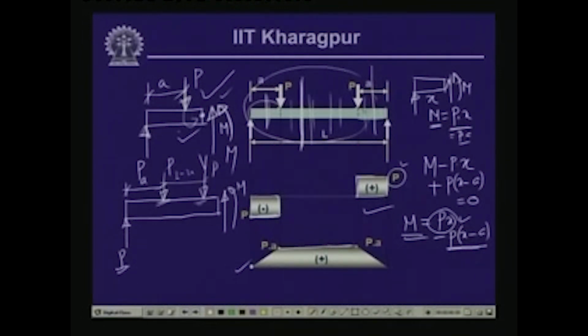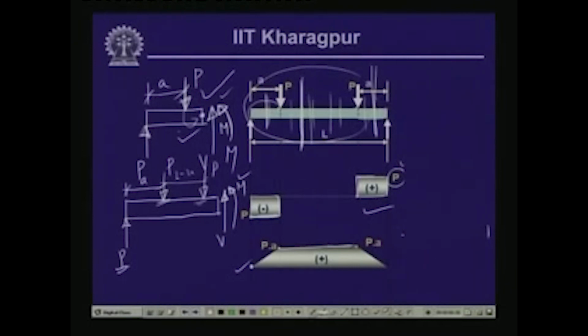Now, corresponding to this particular segment, when we take a section over here, we have the shear force as V and the bending moment at this section as M. And if we write down the moment equation here, the moment equation comes as M, which is again in the anticlockwise direction, minus P times X. Then we have these 2 loads, one at this distance being X minus A. So, this causes a moment which is again in the anticlockwise direction, which is positive.